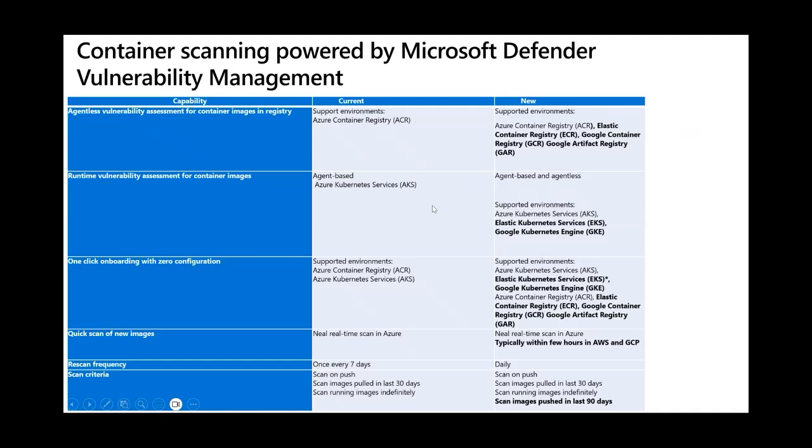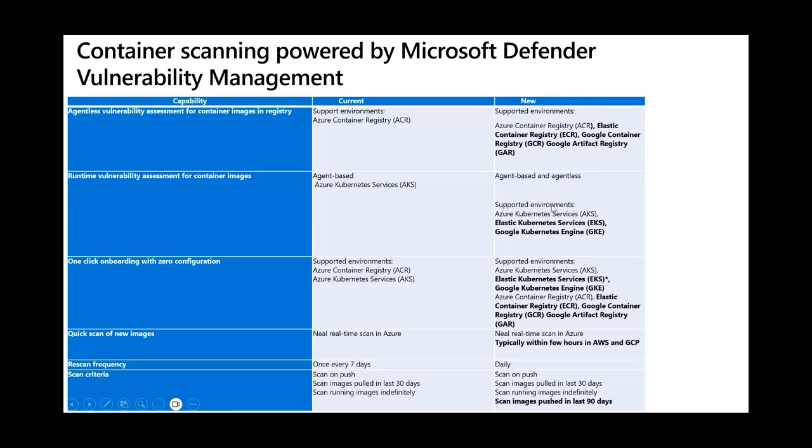You'll also see here in the previous experience that to get the runtime results, it required an agent. Now we have both agent-based and agentless options. With the agent-based option, you can use the Defender profile. The agentless here would be the agentless discovery of Kubernetes that we looked at.